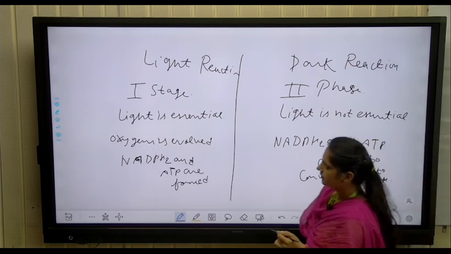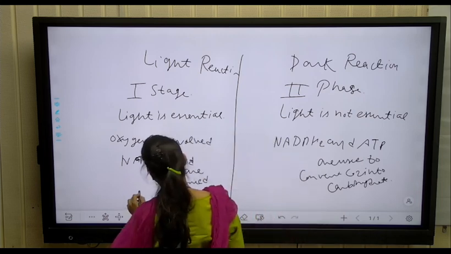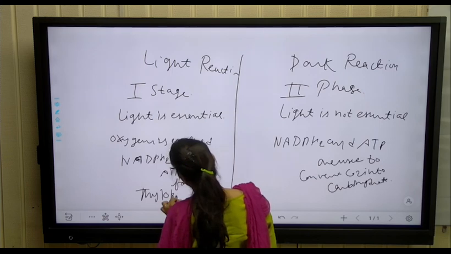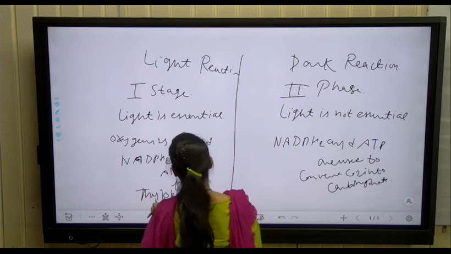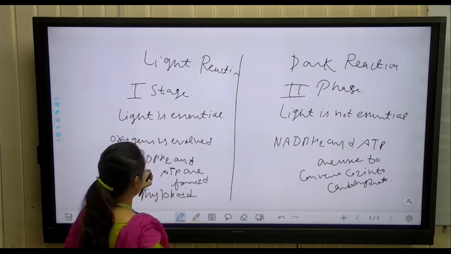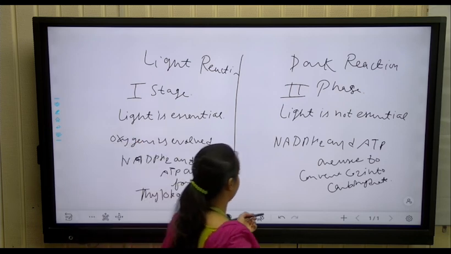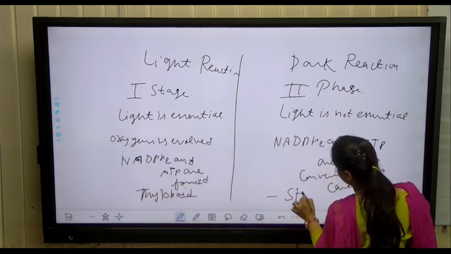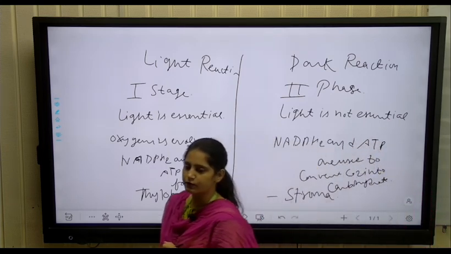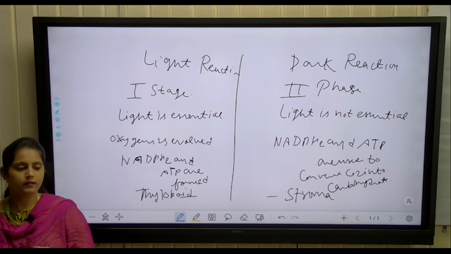The first reaction takes place inside the thylakoid grana because it contains chlorophyll, and chlorophyll is required for the process of hydrolysis of water, and the second takes place inside the stroma of the chloroplast. These are the basic differences between the light reaction and the dark reaction.